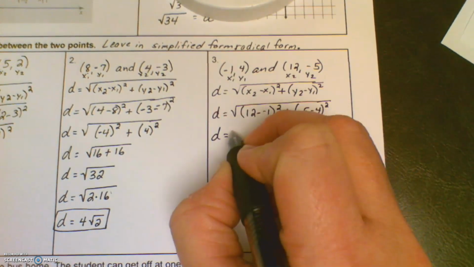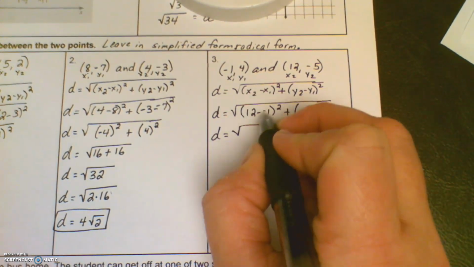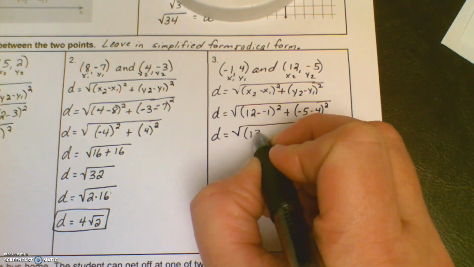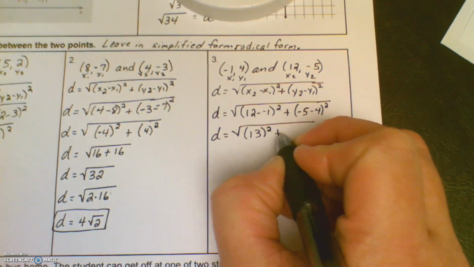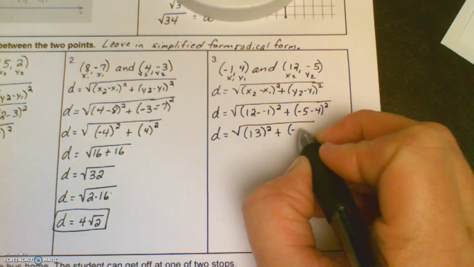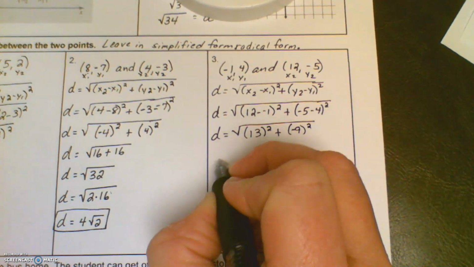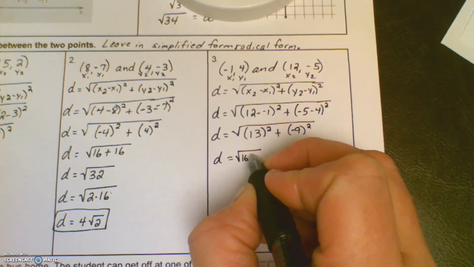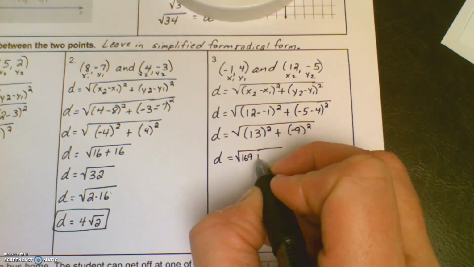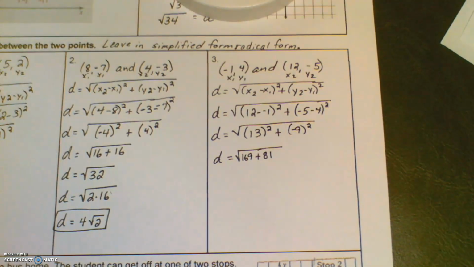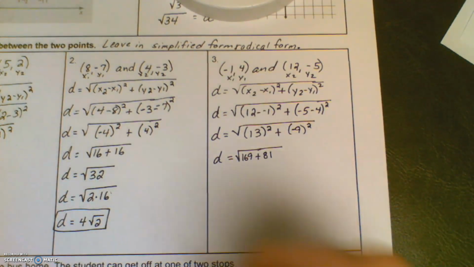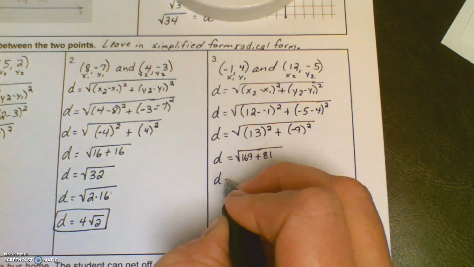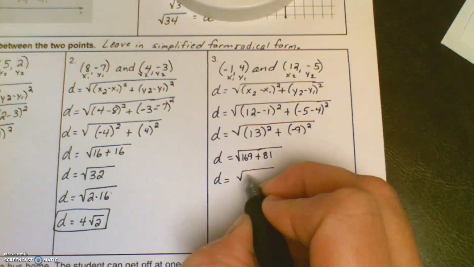Simplify your radical. 12 minus negative 1 is 13. Negative 5 minus 4 is negative 9. 13 squared is 169. Negative 9 squared is 81. 169 plus 81 is square root of 250.